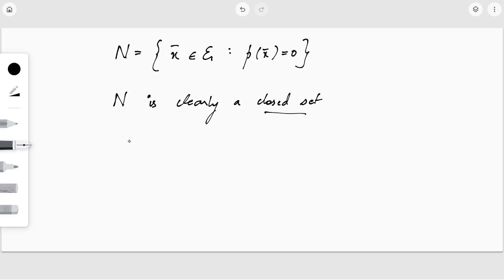Now for that we are defining E cap to be script E by N. Okay, this is a quotient space, and we had seen while defining the semi-norm that the semi-norm actually forms a norm for the quotient space.